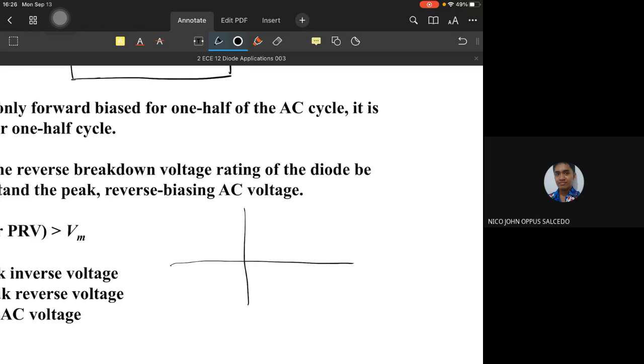This is the positive voltage-current characteristic, and the negative side is like this. Peak inverse, this one.